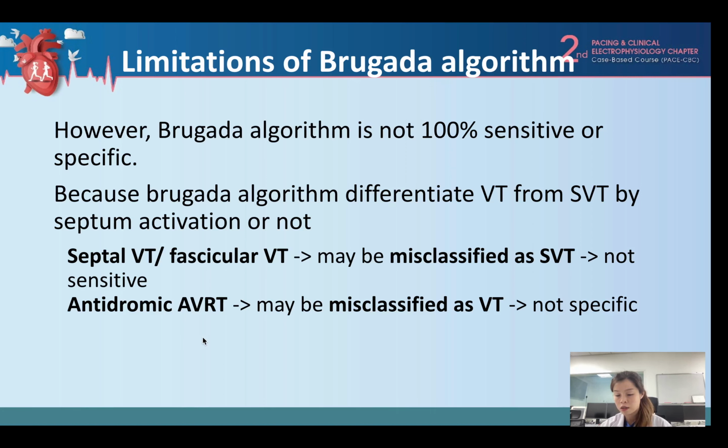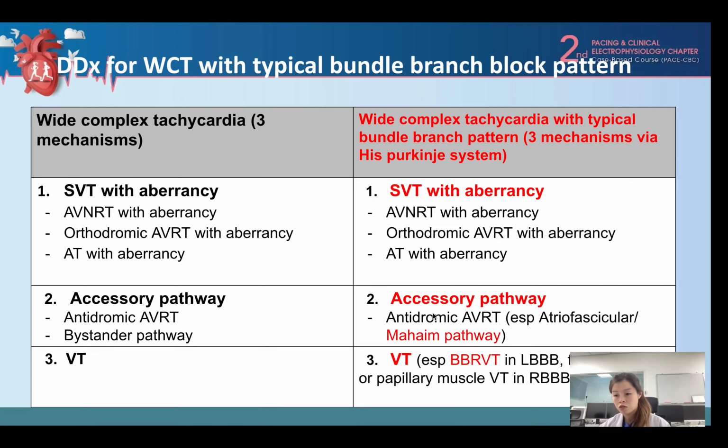If the patient had antidromic AVRT with the ventricle activated via the myocardium, it can also be misclassified as VT. So we have to have a comprehensive differential diagnosis in our mind. This table shows the differential diagnosis of wide complex tachycardia by the three mechanisms.